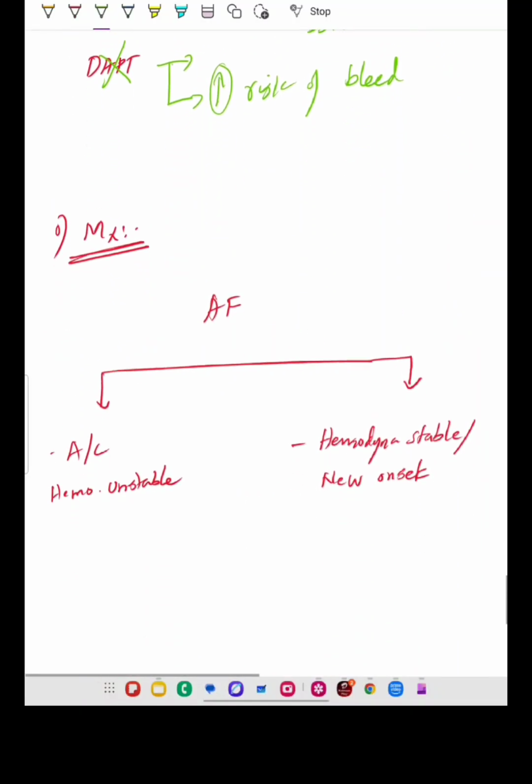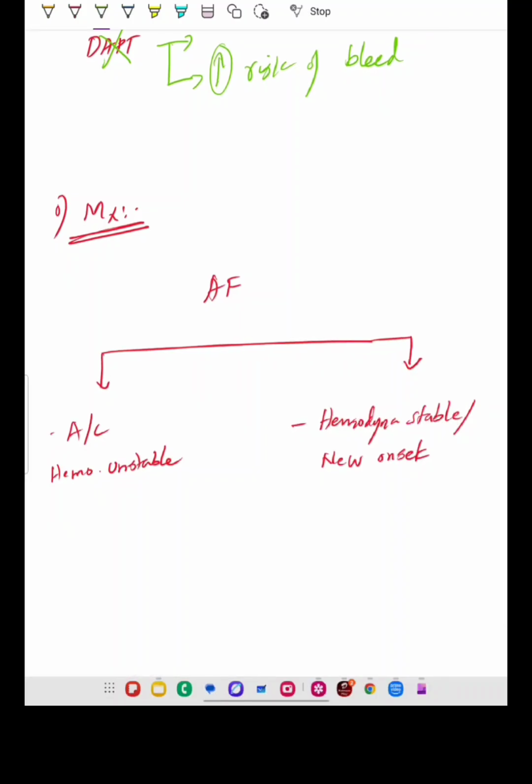Now let's go into management of atrial fibrillation. The management of atrial fibrillation will depend on whether it is an acute, hemodynamically unstable patient, or a hemodynamically stable patient.